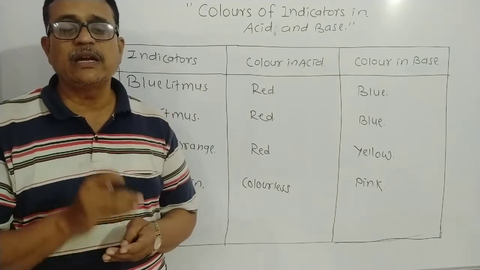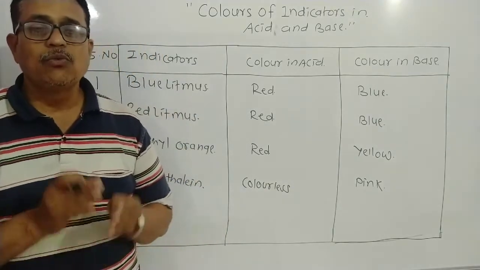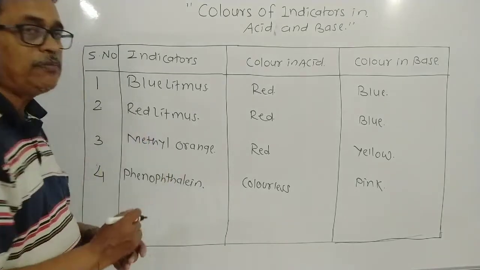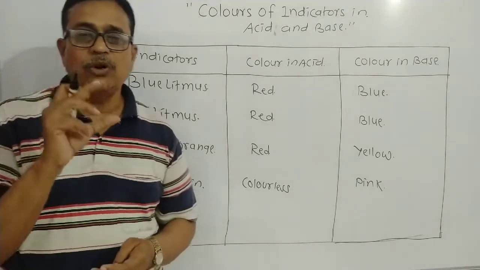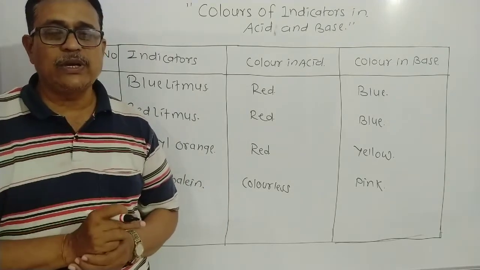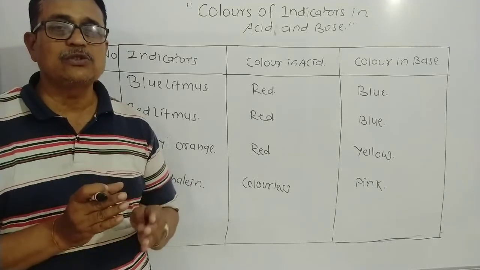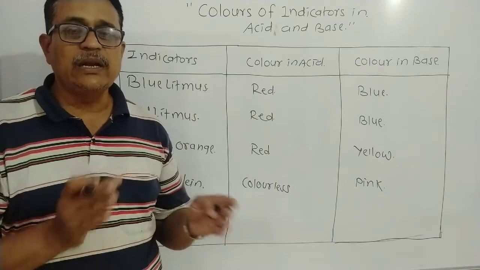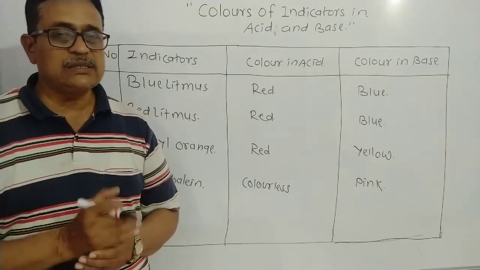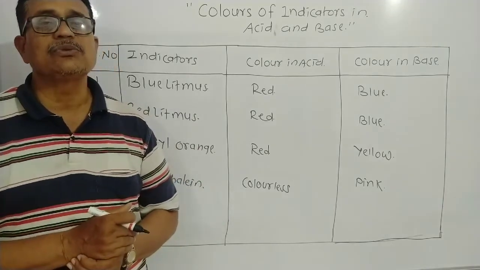Then, synthetic indicators. Two synthetic indicators we commonly use in our laboratory are methyl orange and phenolphthalein. There are small bottles of methyl orange and phenolphthalein. We take two test tubes and fill them separately, one with an acid solution and another with a basic solution.